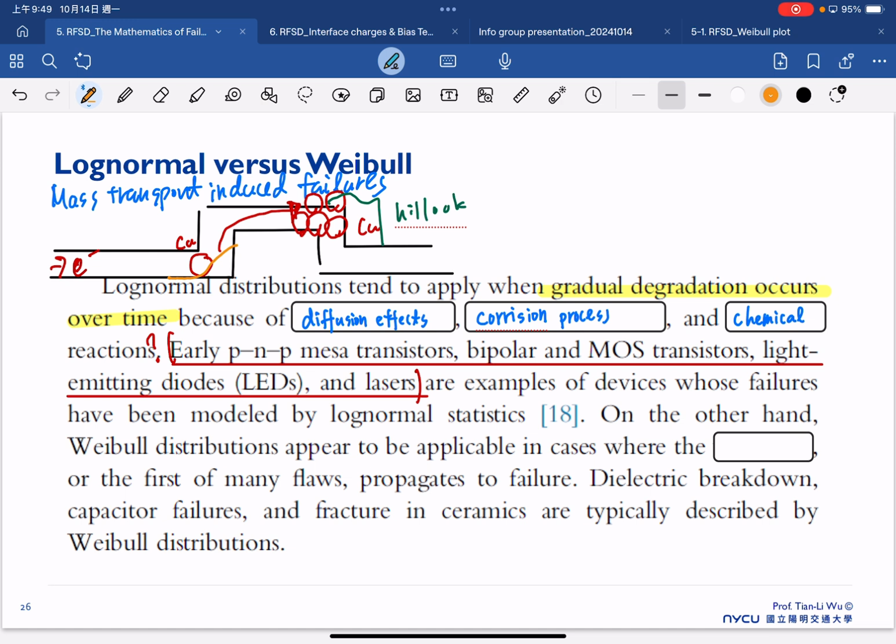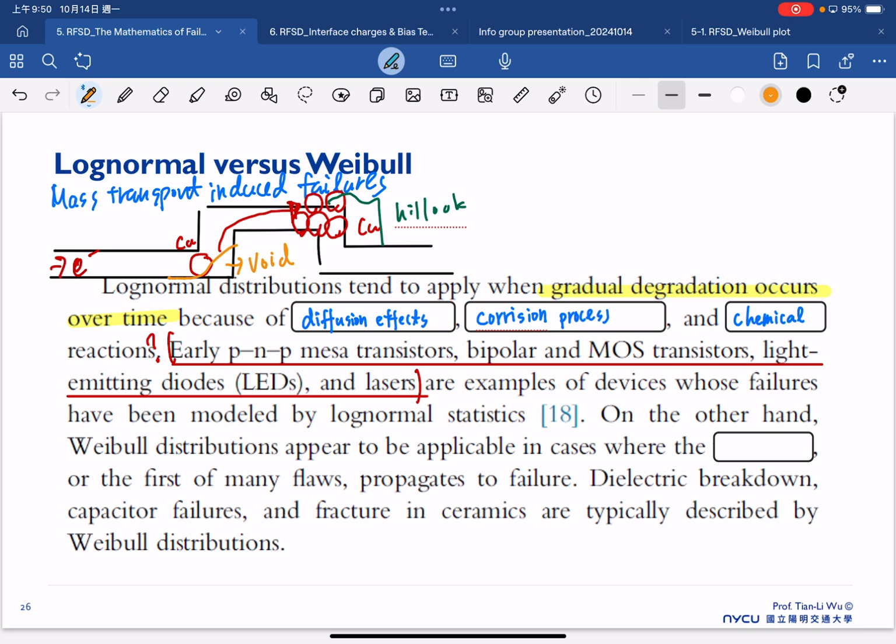In the end, this can lead to the problem that we call a void here. So this mass transport induced failure, although we haven't talked about this mechanism in detail, you can probably have a good guess that this void is mainly related to atom diffusion.